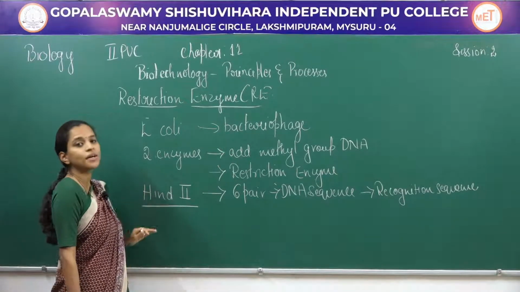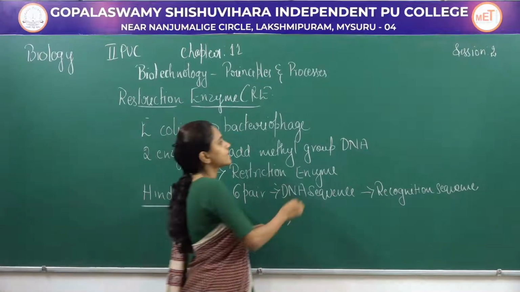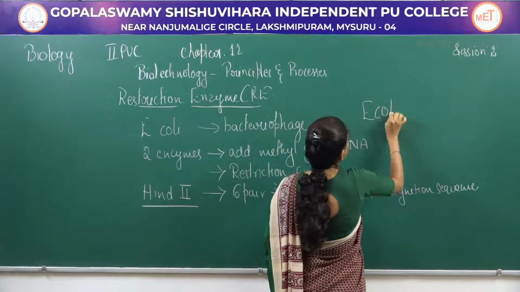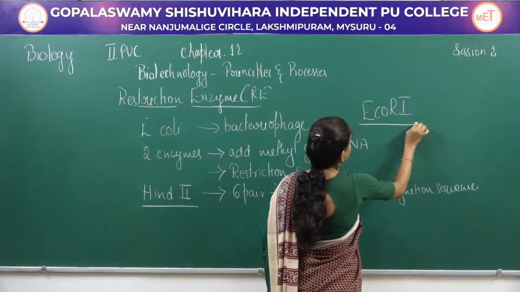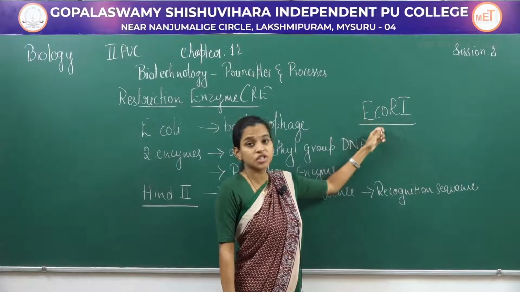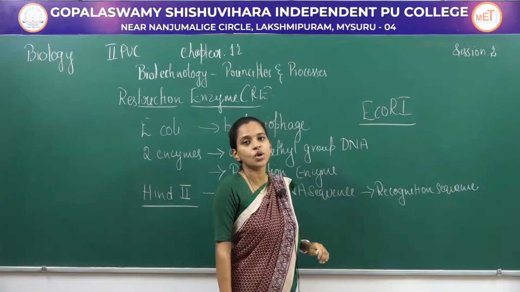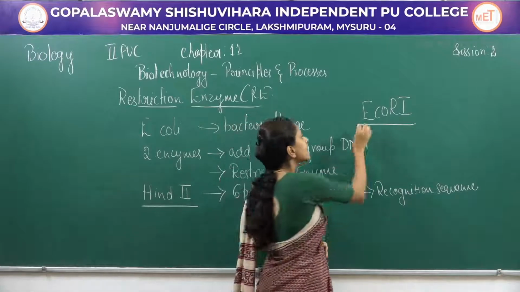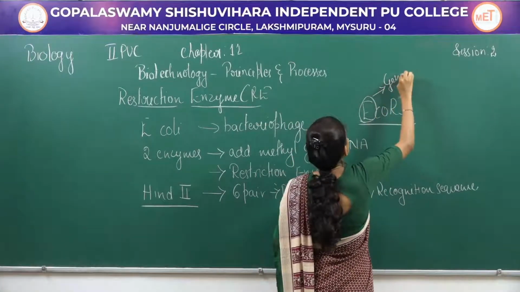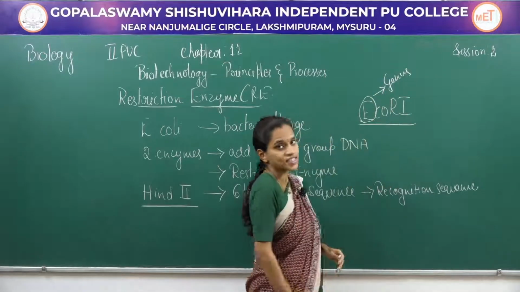Now how to name a restriction enzyme? For example, let us take one restriction enzyme, that is EcoRI. The name for this particular restriction enzyme is given based on different rules. The first letter represents the genus from which it has been extracted.